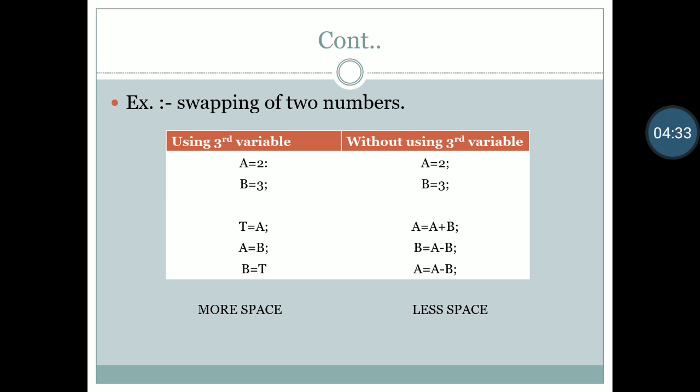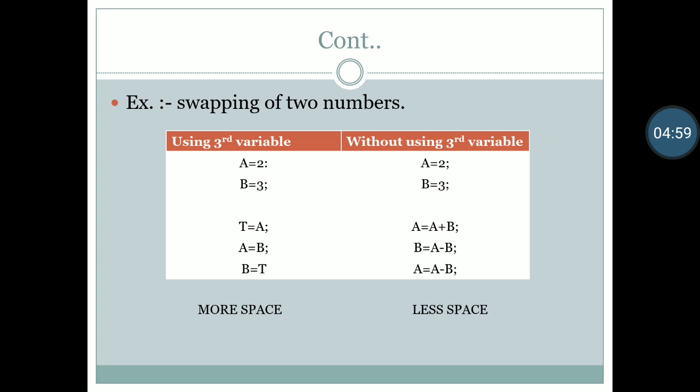Now we have taken a third variable t, and with it we are swapping our numbers. We have done t = a, a = b, and b = t. So our problem is solved, means our two numbers are swapped. Now a's value is 3 and b's value is 2.